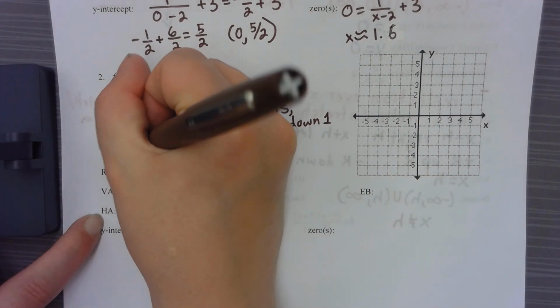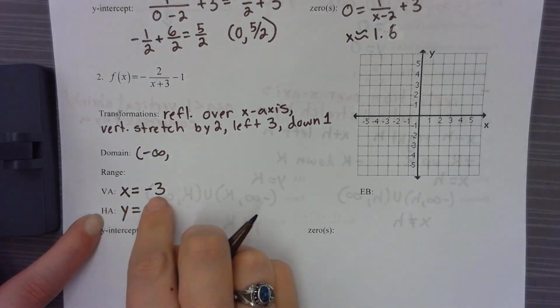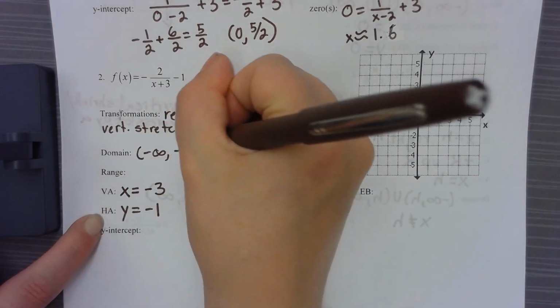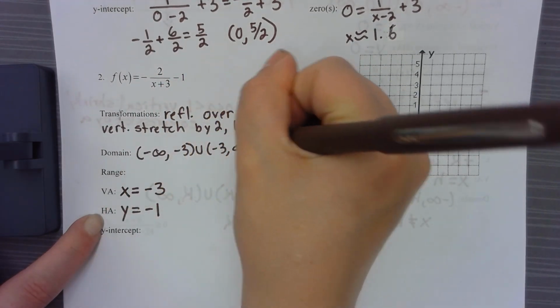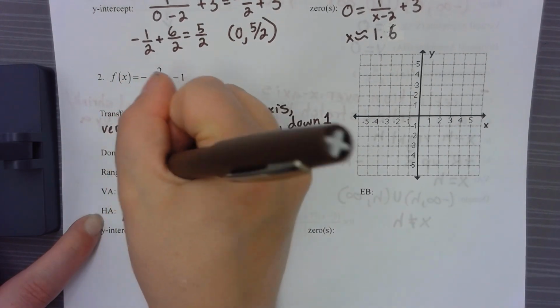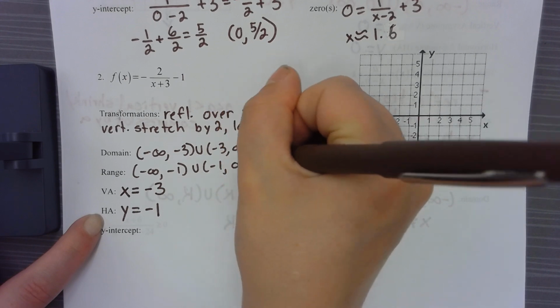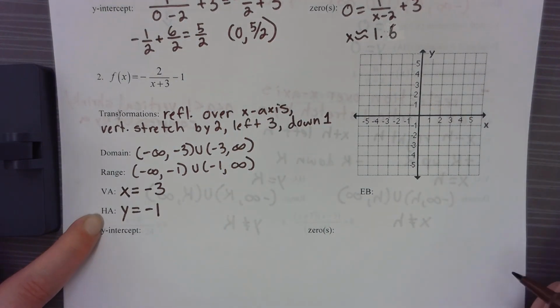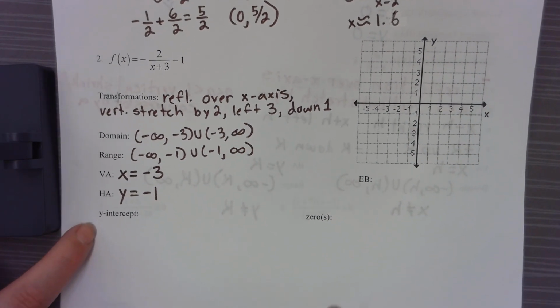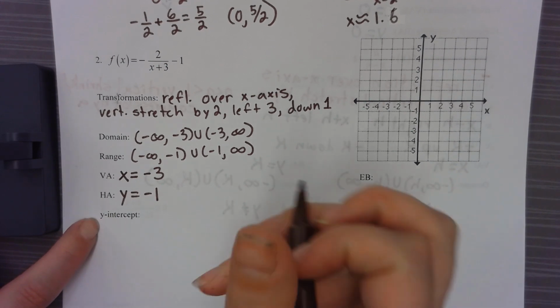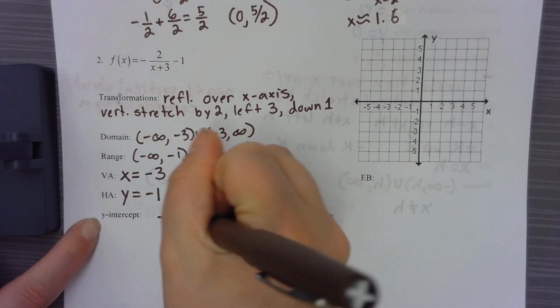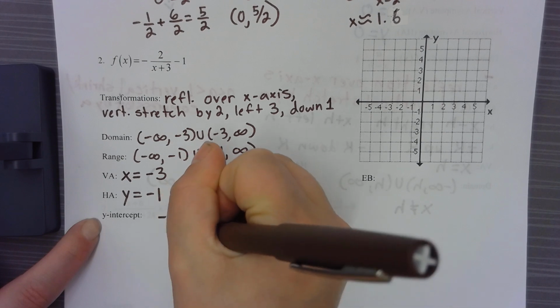And then we can say our domain is going to be everything except for that vertical asymptote, and our range is everything except for that horizontal asymptote. And then we can also find our y-intercept without graphing anything. Like always, I get that by plugging in 0 for x.